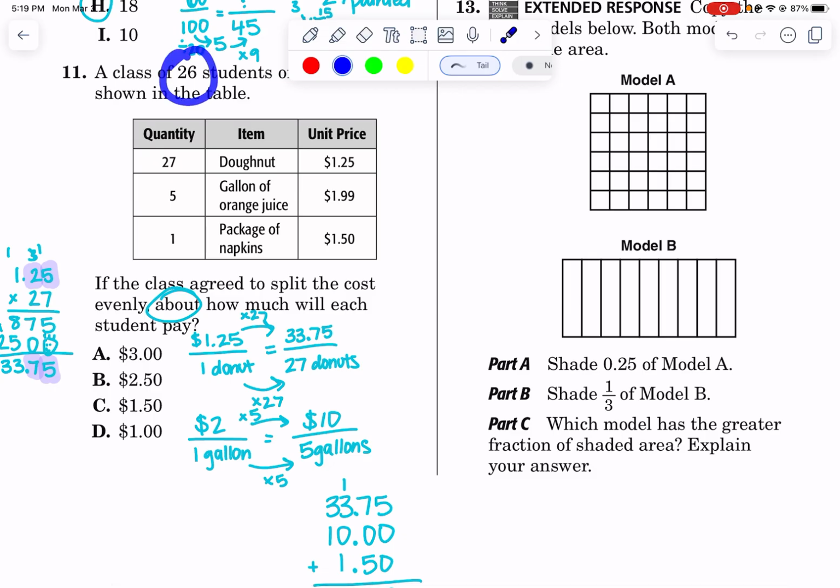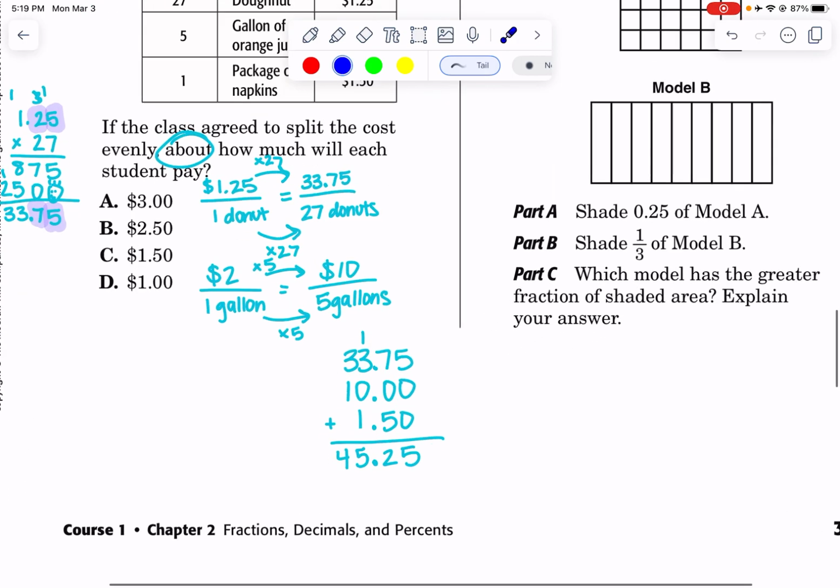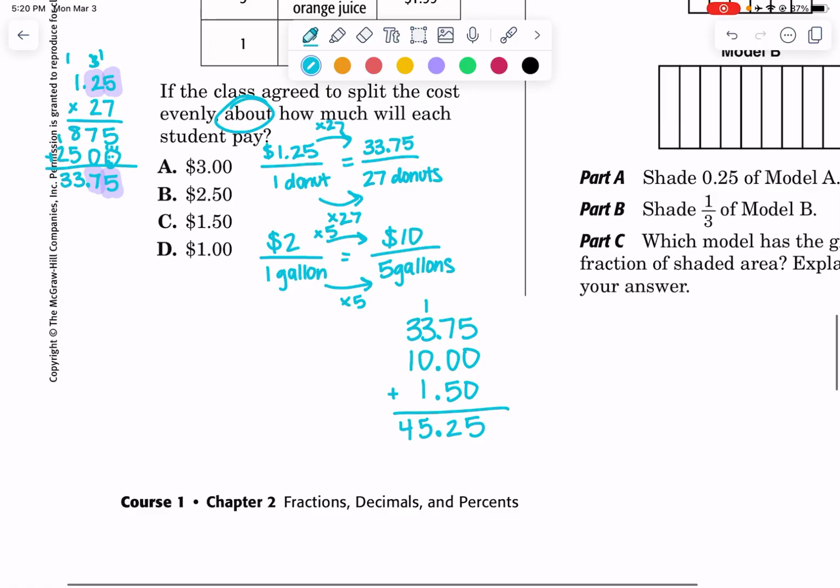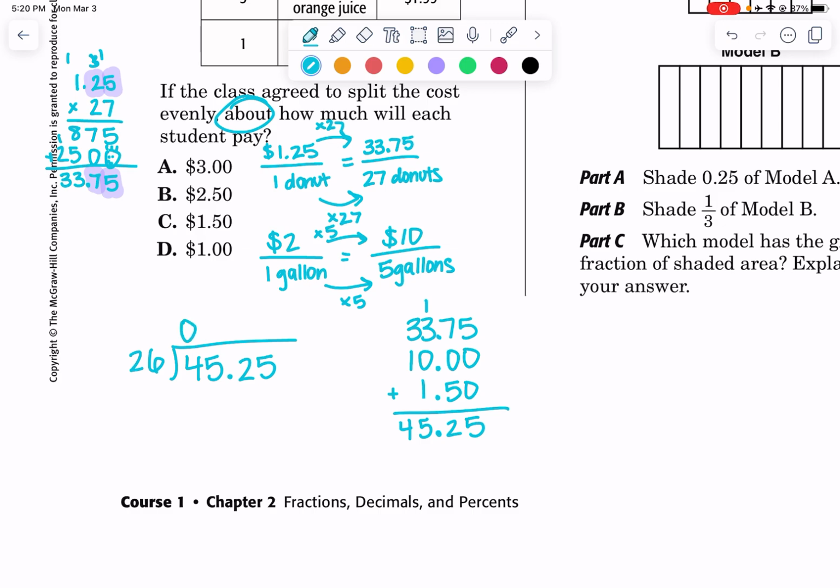And there's 26 students. Okay? $45.25 split between 26 students. So we're going to divide by 26. How many times does 26 go into 4? 0 times. How about 26 into 45? I think only once.